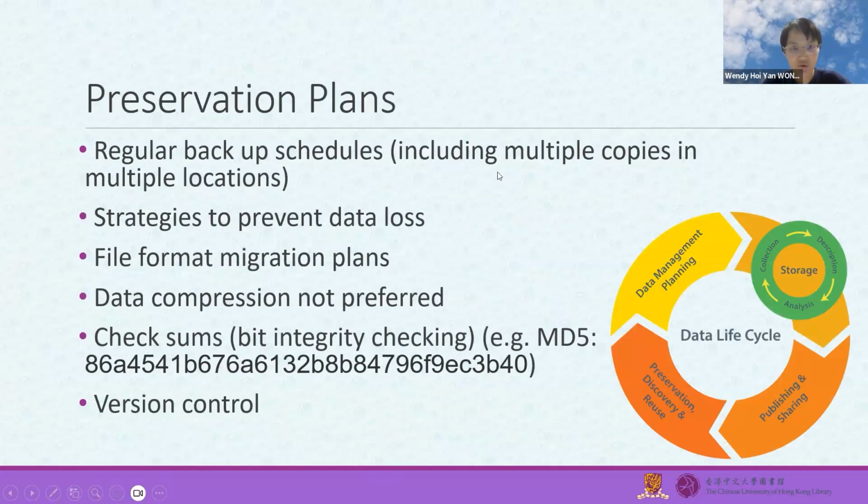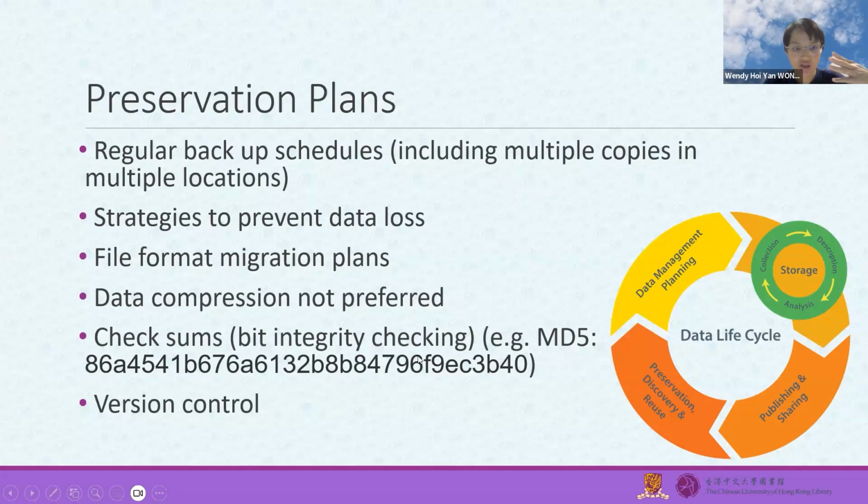Do you back up your information every 3 weeks or every day or every month? Strategies to prevent data loss: how you store your data, how many copies, file formats, data compression not preferred, checksum. That is a series of numbers, 40 digits, called, for example, MD5.